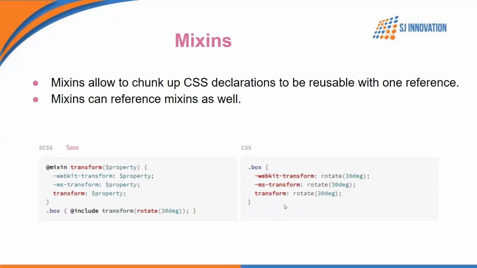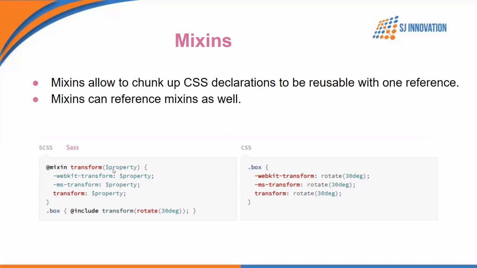Mixins. A mixin will let you make a group of CSS declarations that you want to reuse throughout your site. You can even pass in values to make your mixins more flexible. Here, if we want to create a mixin, first we have to write the mixin directive, and then give it a name.